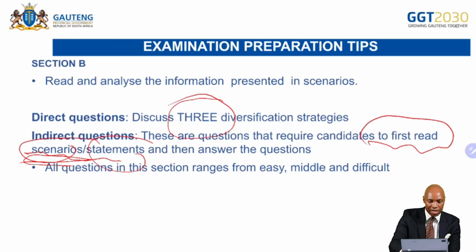answer your questions. And please note that in section B, questions may range from easy, middle, to difficult. So as you open your question paper, please don't be taken by the first two questions.